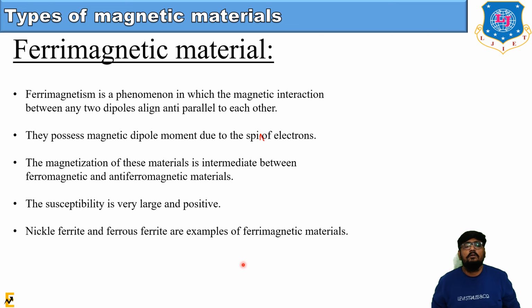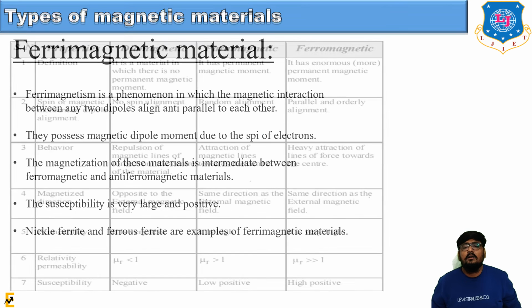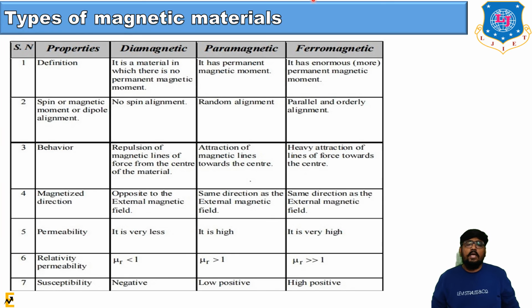ferrimagnetic material. Over here, let us compare the types of material, diamagnetic, paramagnetic and ferromagnetic, with respect to various parameters and properties. By definition, diamagnetic material, we all know, is a material in which there is no permanent magnetic moment. Paramagnetic material has a permanent magnetic moment but in a random manner.